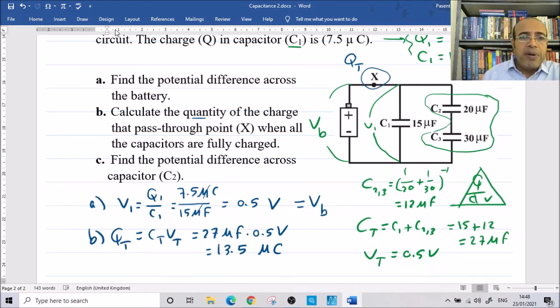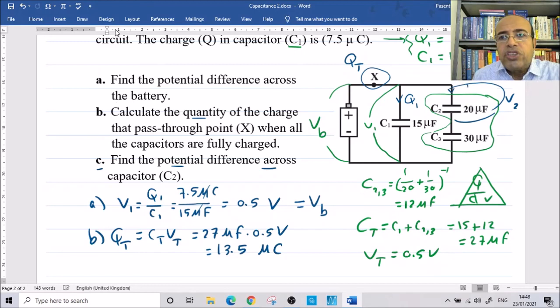Now in part C, find the potential difference across the capacitor C2. So we need V2. To get V2, we need the charge that passes through this branch. First of all, what is the charge through C1? The charge through C1, which is Q1, is given as 7.5. So what about the charge through the series C2 and C3?